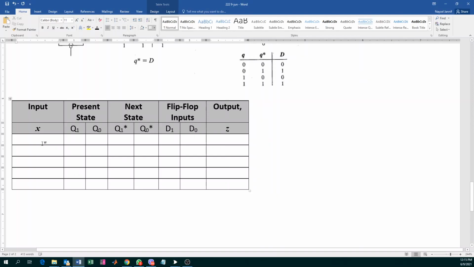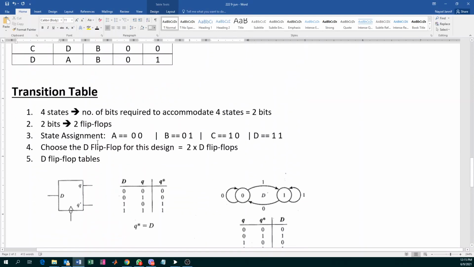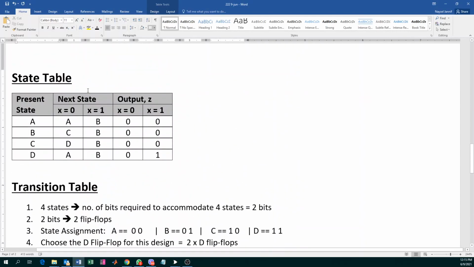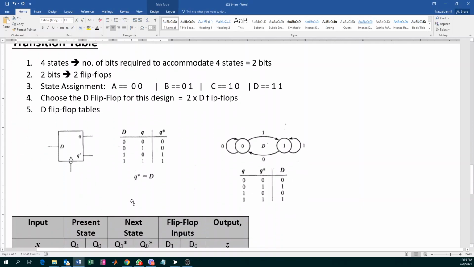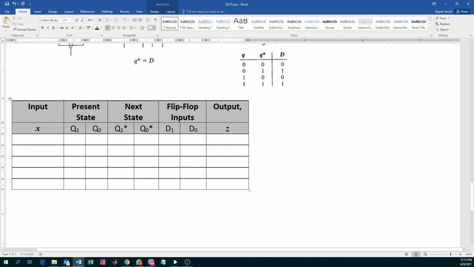Okay, set. Let's populate this table here by looking at this earlier table called the state table, right? So A, what is A, guys? A is 0, 0.